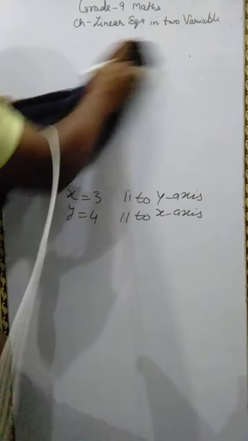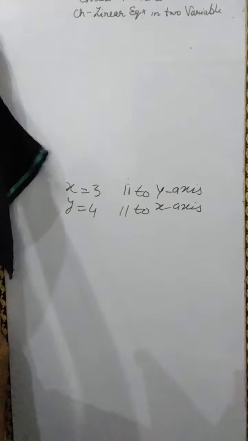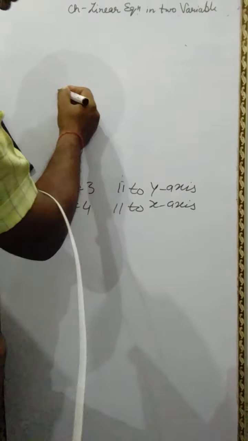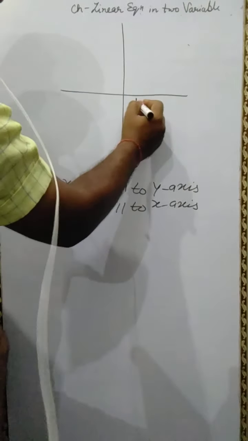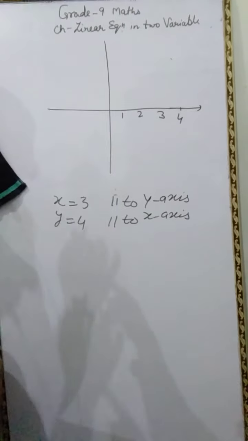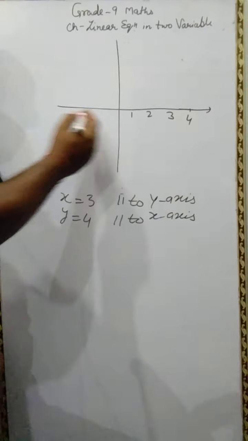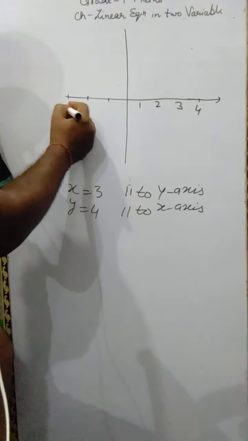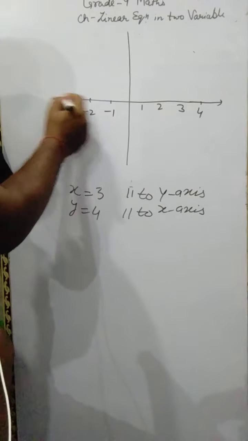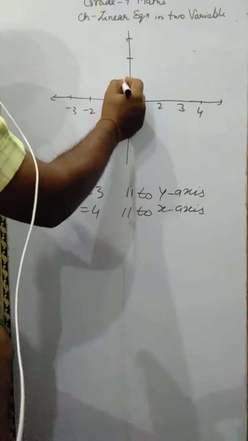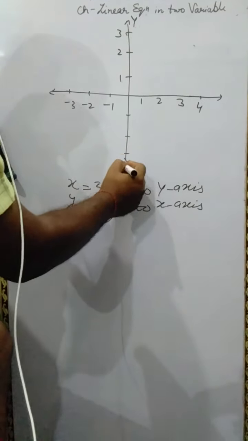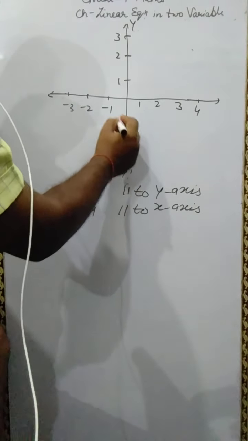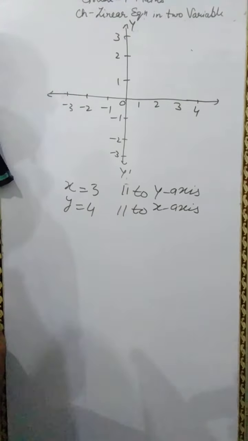If you are going to plot these two lines on graph paper, this is your graph: 1, 2, 3, 4 and 1, 2, 3, minus 1, 2, 3 on the x axis, and y: 1, 2, 3, minus 3, minus 2, this is the origin.